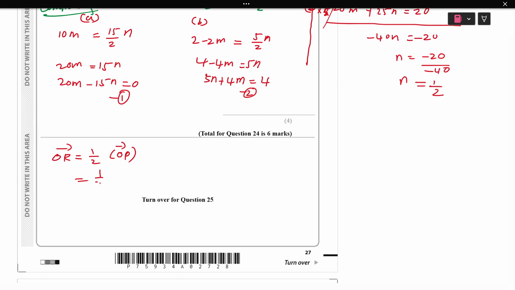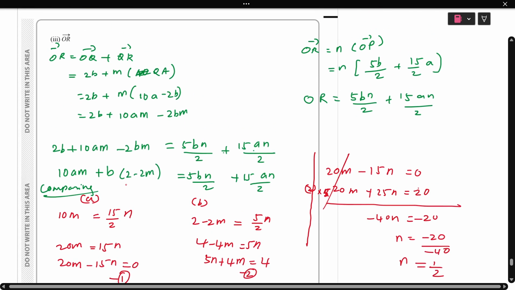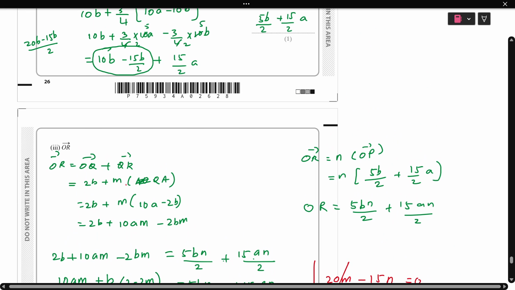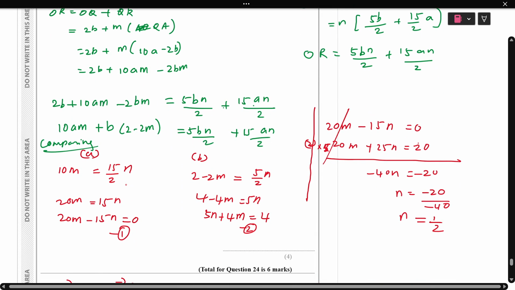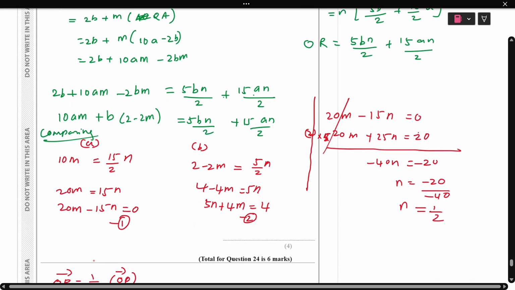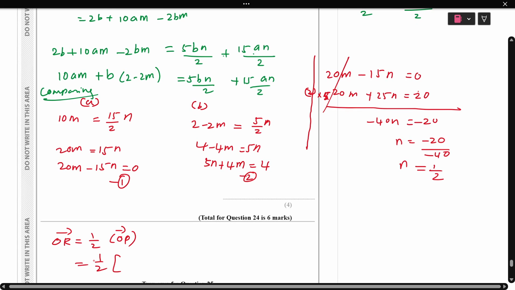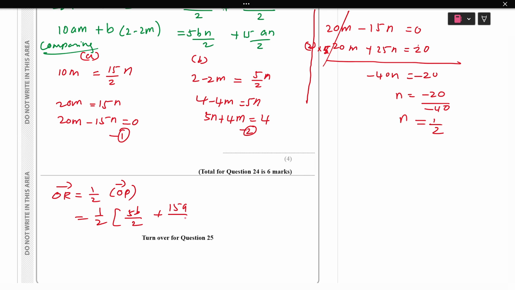So 1 by 2 of OP, which we already know, is 5b by 2 plus 15a by 2.